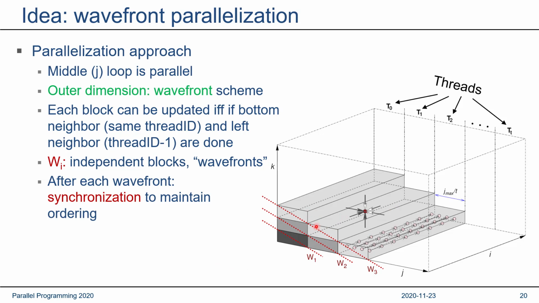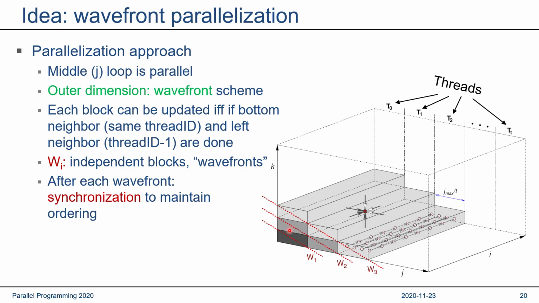If you look at a block like this one, then you see immediately that this block can be updated if its dependencies are met, which means that the left and the bottom block, as seen from this current block, have already been updated. So, as opposed to first impressions, we do have a lot of parallelism in this problem. We just have to adhere to these dependencies. A block can only be updated if its left neighbor and bottom neighbor blocks have already been updated. Apart from that, we can do whatever we want.